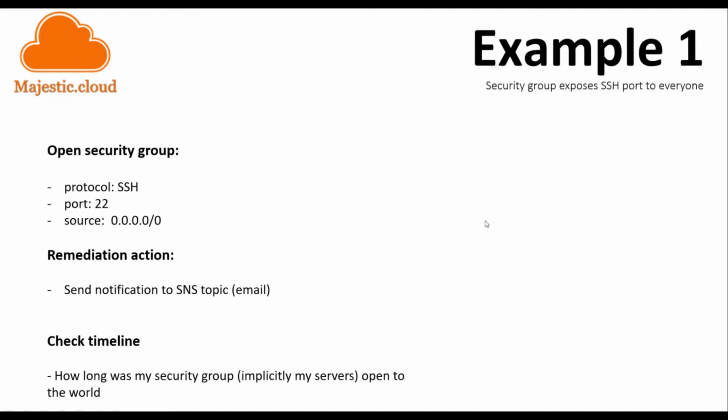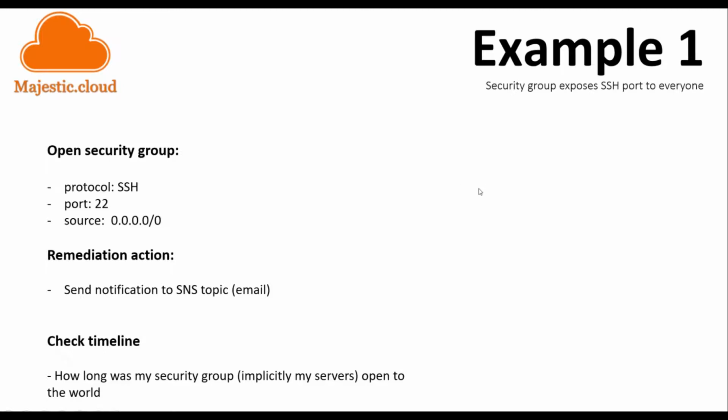Now, for example, you might want to know which of your security groups are not locked down and allow SSH access from anywhere. Even if it's compliant now, your security group might be modified by someone, and you can see how long that particular compliance violation was active, and you can also take some measures.